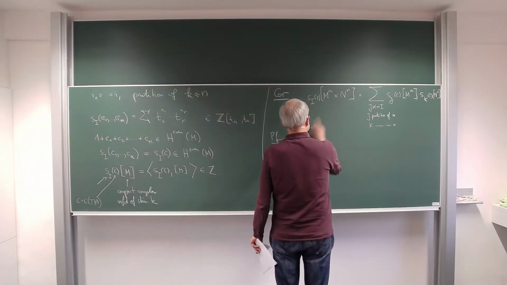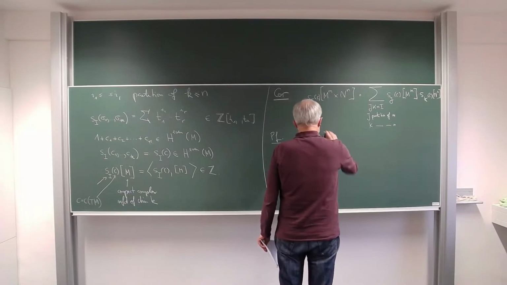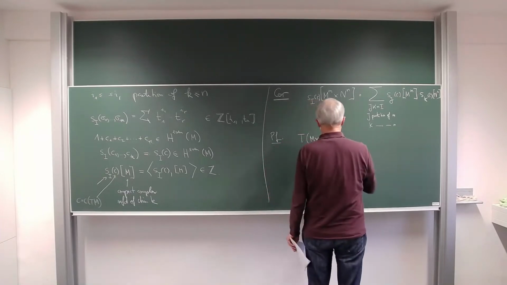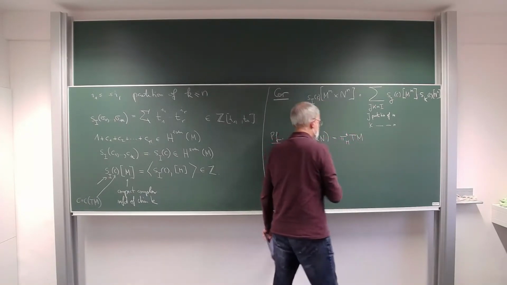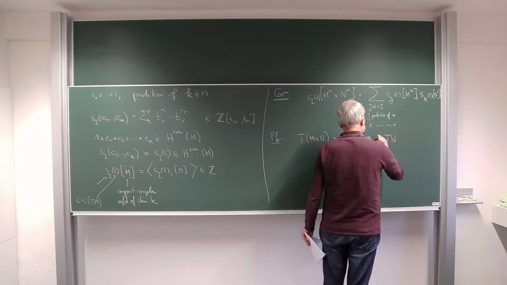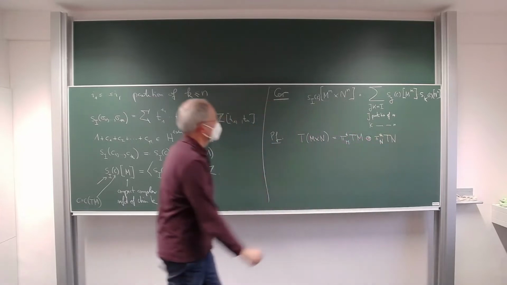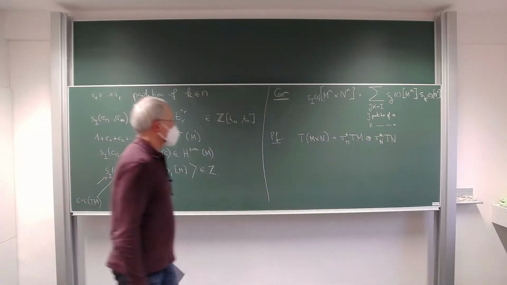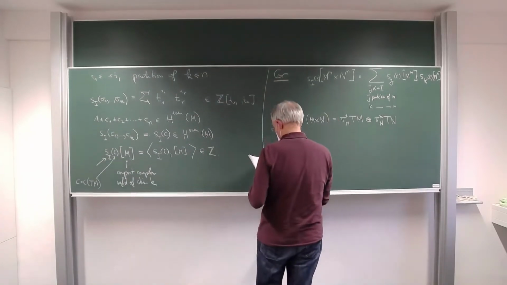And if we have a product of two such manifolds, then the tangent bundle is obtained from the tangent bundle of the first factor, pulling it back from M to the product, plus the tangent bundle of the second factor, also pulling it back from the second factor. So that's what we have, and then we can apply this sum formula that we proved last time.